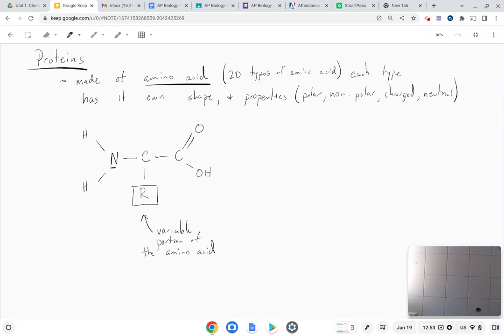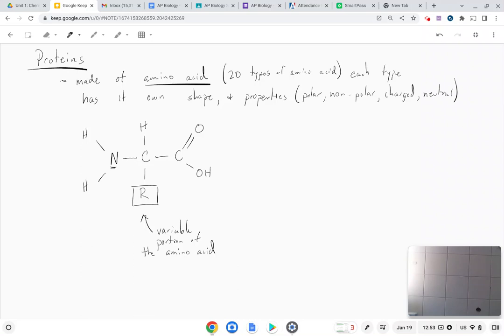Just to remind you, we saw the carboxyl in the fatty acid. Fatty acid was a chain connected to a carboxyl group. Up here, we just have a hydrogen. One other thing to point out, notice that carbon always, remember what we said, carbon has 4 valence electrons, which means it always forms 4 bonds.